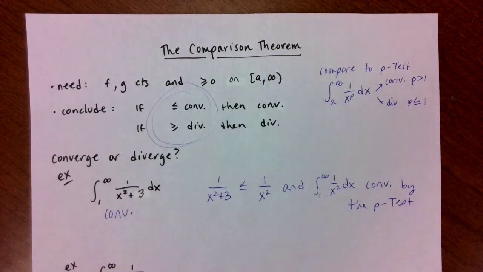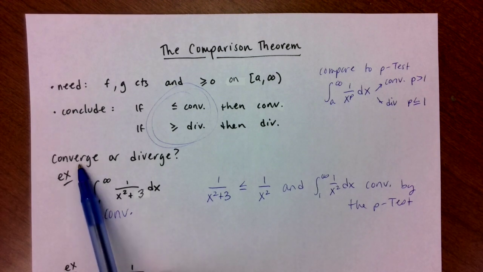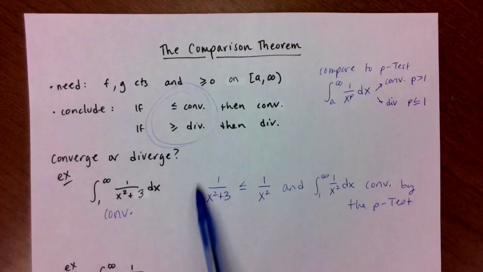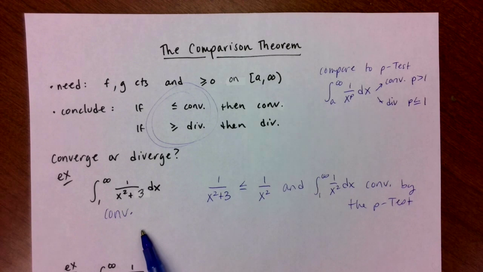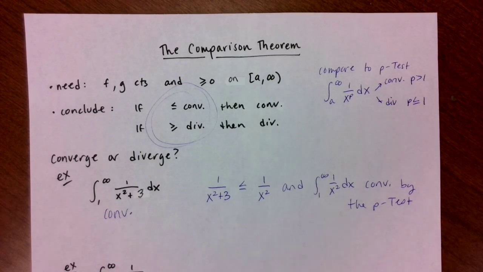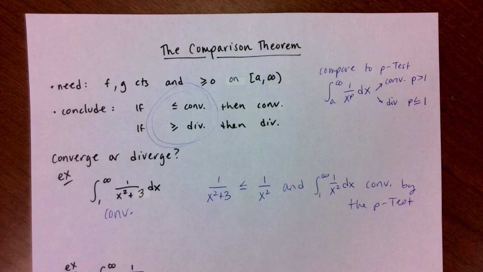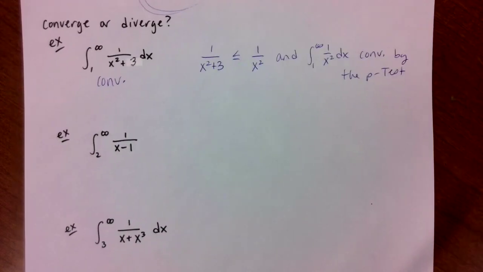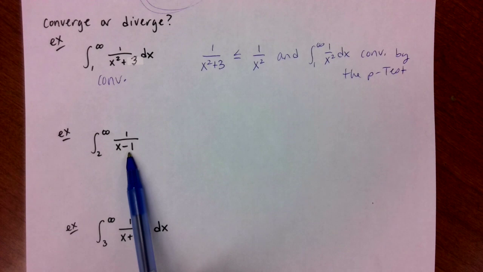So I'm going to say this integral is convergent without having to compute any antiderivative. If the directions told me, if it's convergent, compute the exact value, then this theorem doesn't finish the question. Then I really would have to do the antiderivative stuff. But for converge, diverge, it's quite nice. So if we say less than or equal to a function that's convergent, then we can say that we're convergent. The opposite is also true, which is what we'll see in this next example.